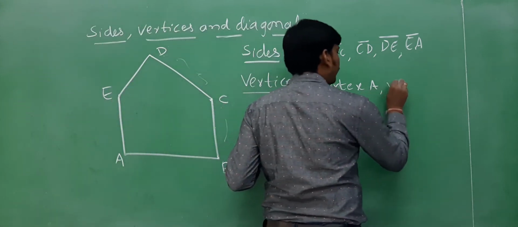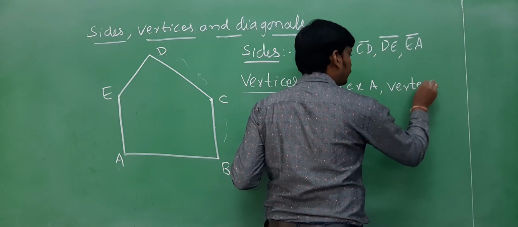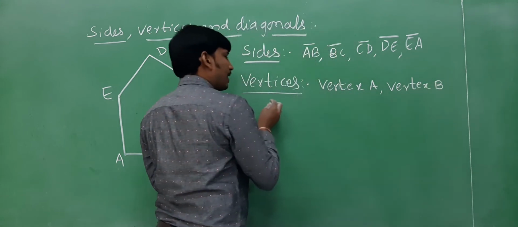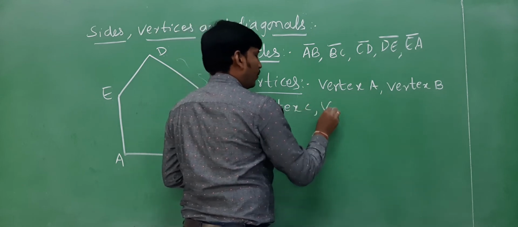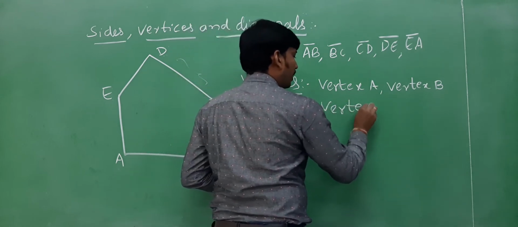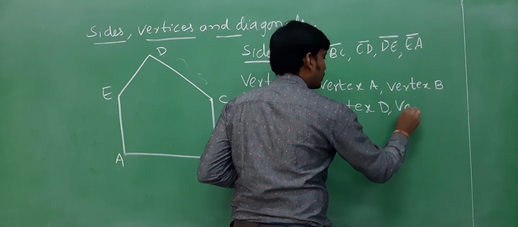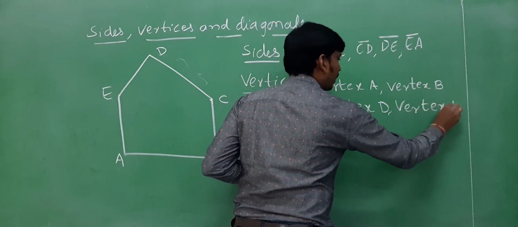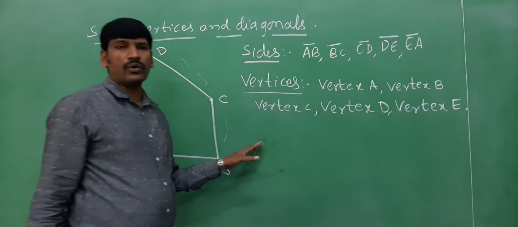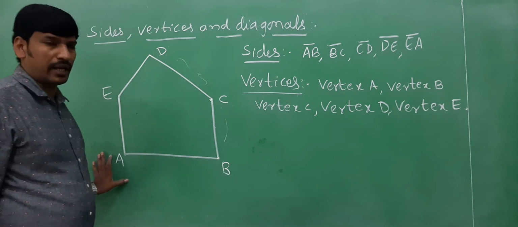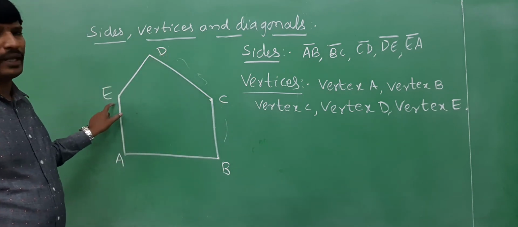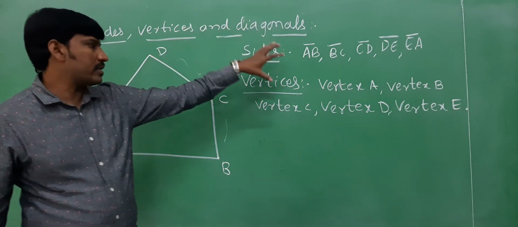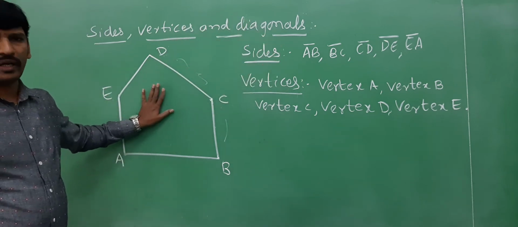Vertex A, vertex B, corner points. Vertex C, vertex D and vertex E. Here there are totally 5 vertices: A, B, C, D, E. These 5 are vertices of this polygon.